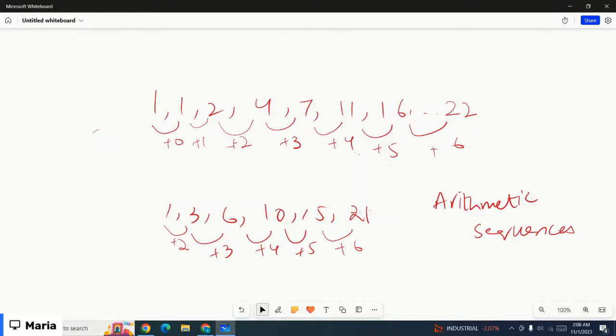I'm going to write the definition of the arithmetic sequence on the board. You can please note down the definition, right?